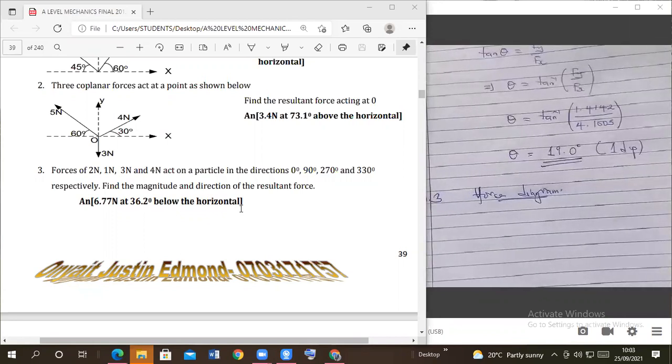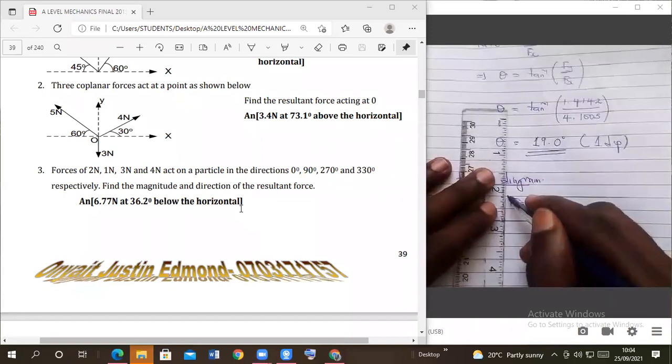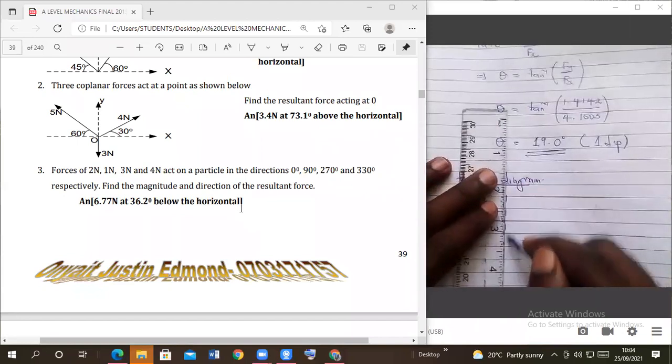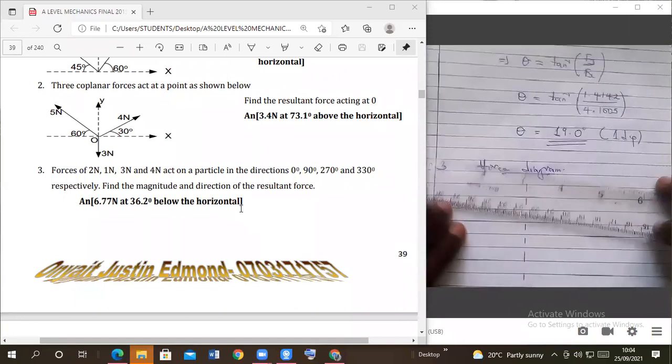Here they have given the directions in terms of angles, so you must know which one goes where. 2 Newton is acting at 0 degrees. What does that mean?